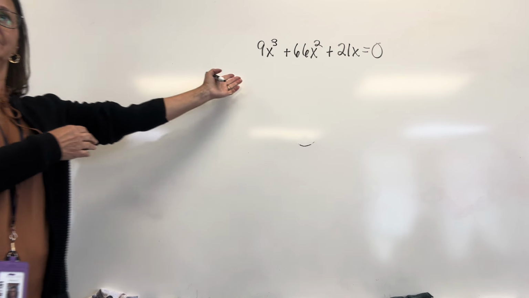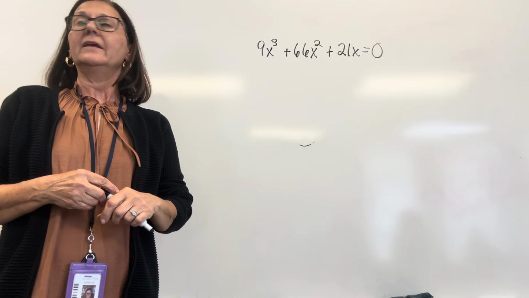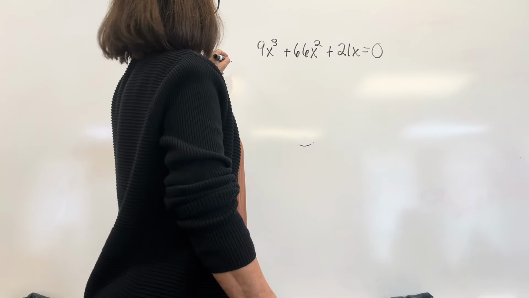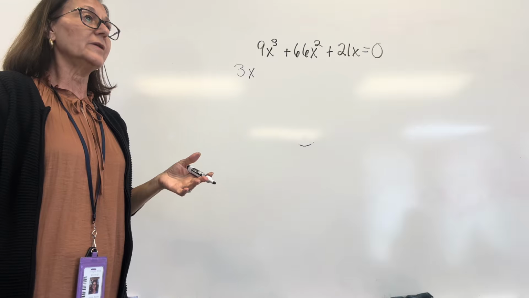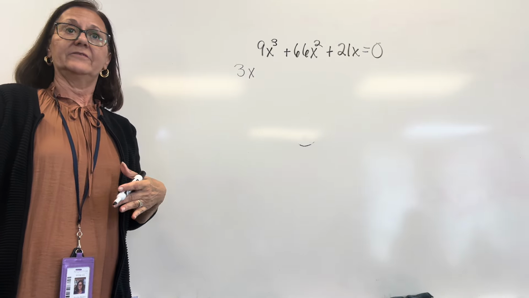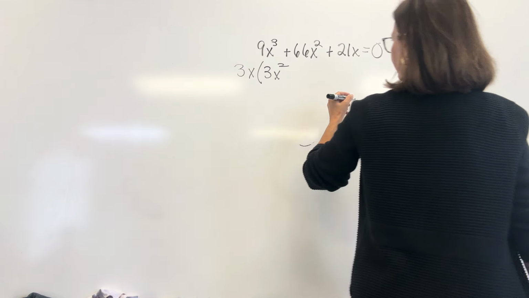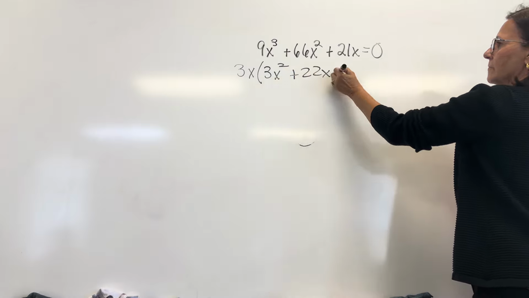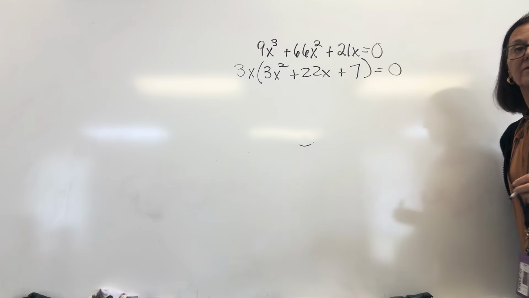Let's write this one down. Let's factor out what we can. What can I factor out of the numbers? 3x. I can factor out a 3 and I can factor out an x. Factoring is like dividing. So I'm dividing each term by that, and I end up with 3x squared plus 22x plus 7 equals 0.